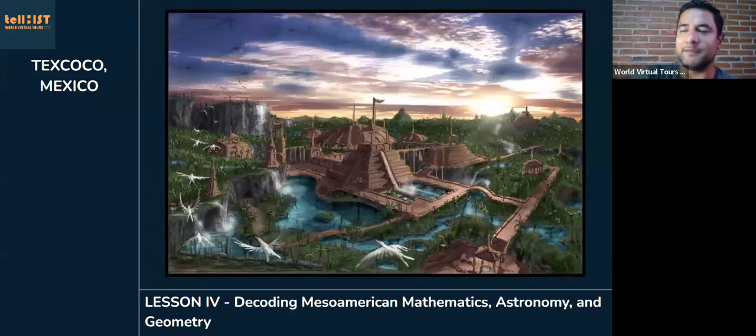But for many of the people that have studied, the archaeologists and the historians, Texcoco was, of course, this is just an artistic recreation of Texcoco, but for many of them, that was the Athens of this part of the world.